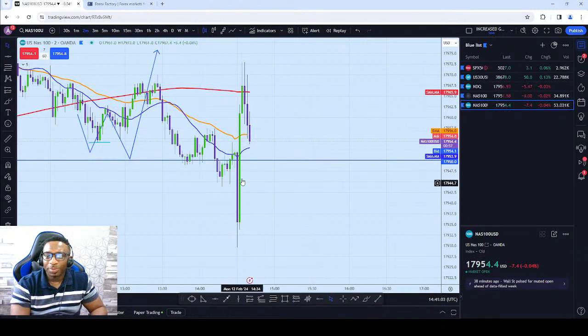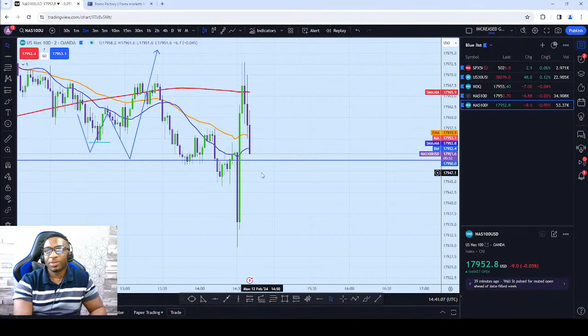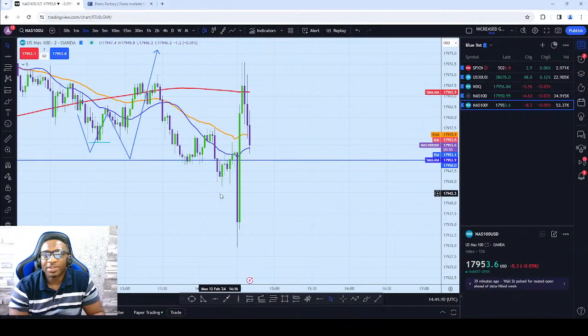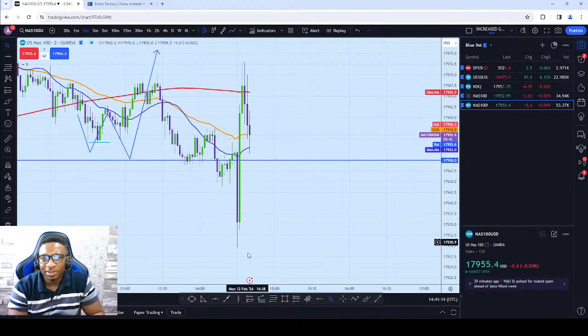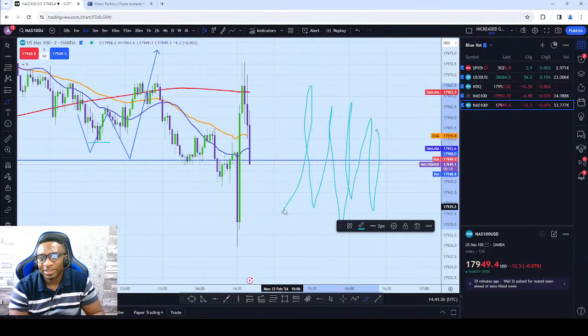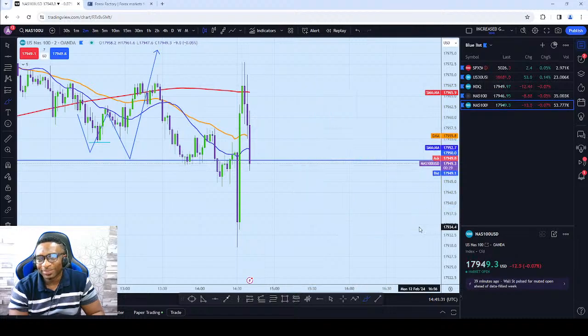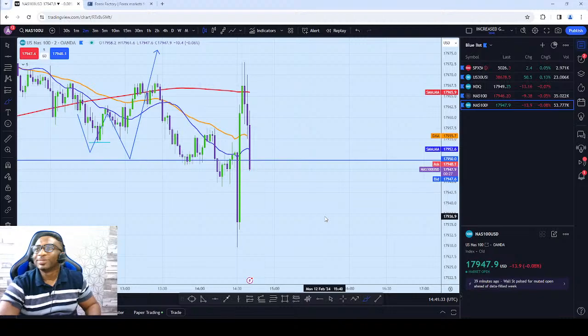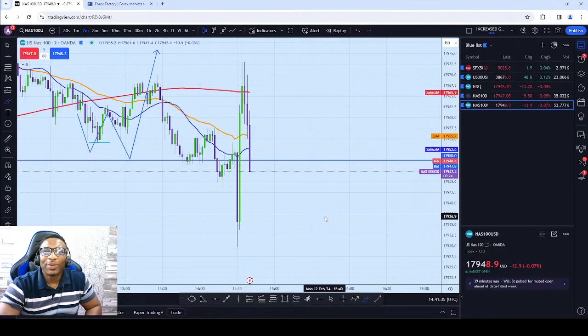With this push up, I took some profit out of it anyway. It's much better this way than it staying at one place and going up and down like this. It's a bit annoying, and it's better you stay away from it. It looks like that's what it's doing now. It went up and it's coming down again. So the best thing for me is to stay away from it.